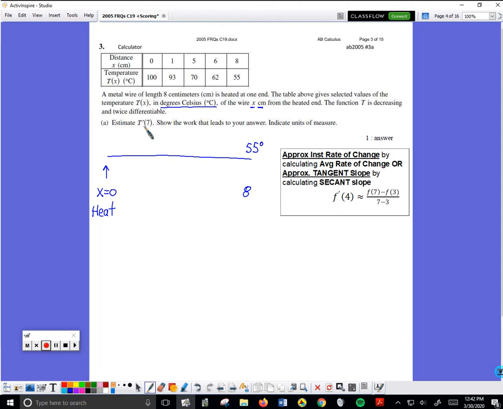Estimate T prime of 7. T is the temperature, therefore T prime is the rate at which T is changing. There's a box on the golden notes that looks like this.